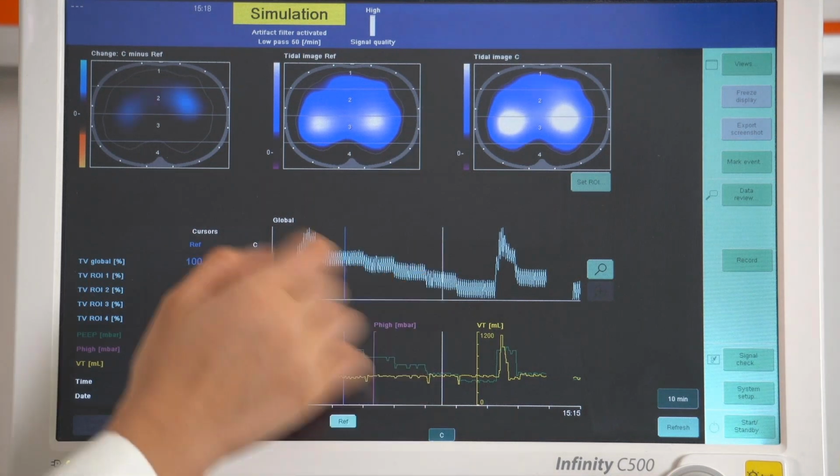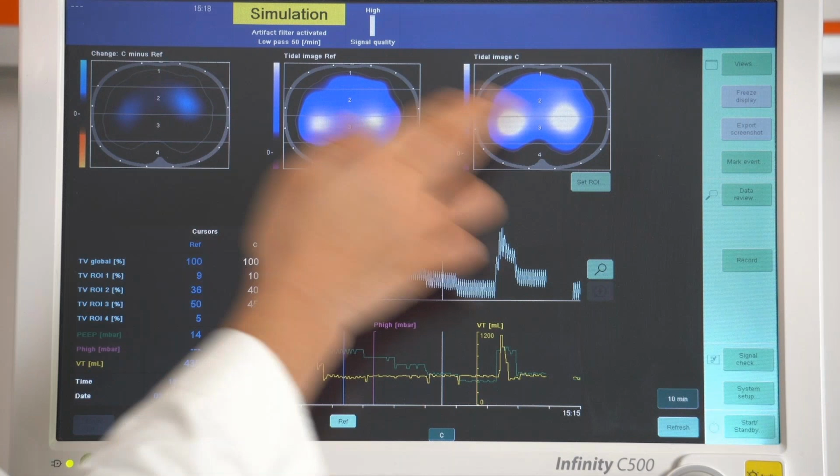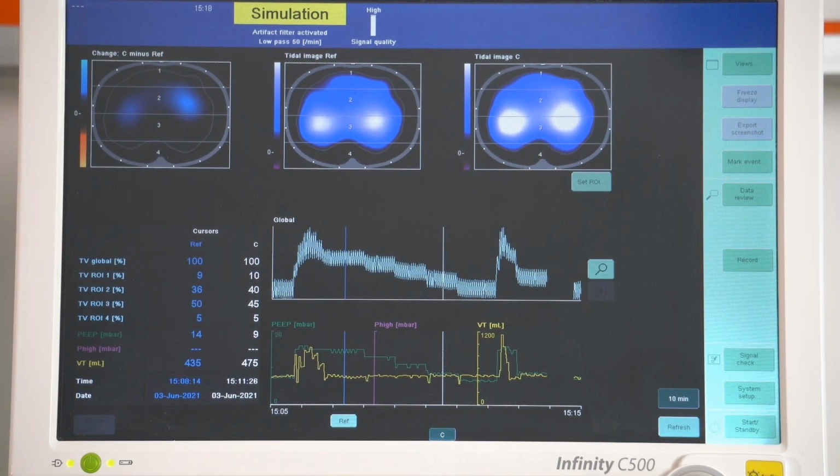We go down to 9, almost no change. So basically, our intervention has not translated into any improvements. We were not able to open the lung, and we have potentially caused the lung injury associated with excessive pressure, potentially contributing to the overdistension of the lung tissue.